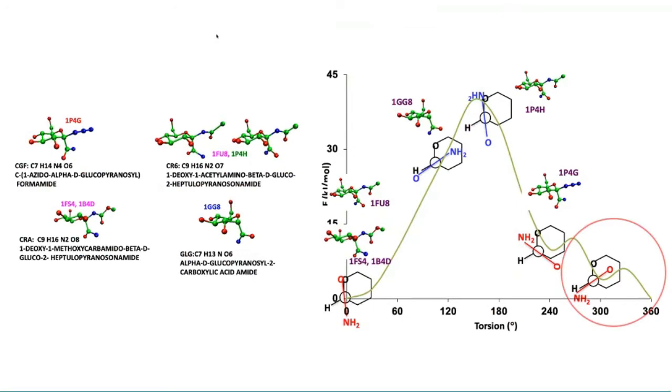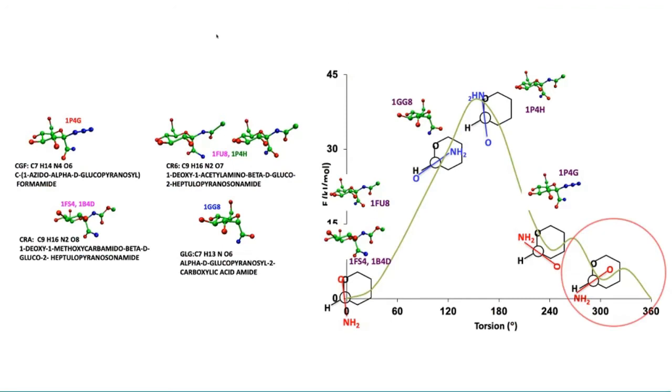And to our surprise, we could not find a single structure of the ligand showing the one shown in the right circle. That was the global thermodynamic free energy minimum in the binding pocket. None of the structures we had represented that conformation.